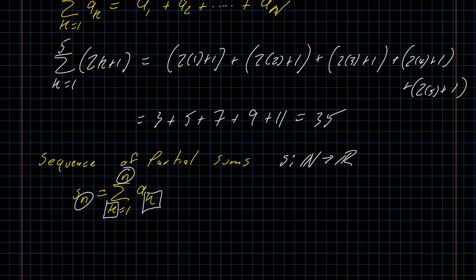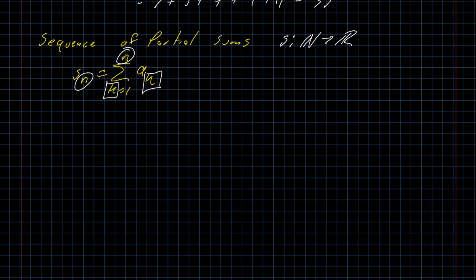They're indexed using different letters because there is a relationship between them, but it's not necessarily a clear one. So writing out the first couple of terms, S_1 is just going to be a_1, S_2 is going to be a_1 plus a_2, S_3 is going to be a_1 plus a_2 plus a_3, and so on.